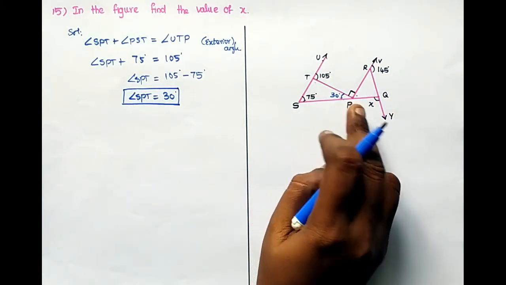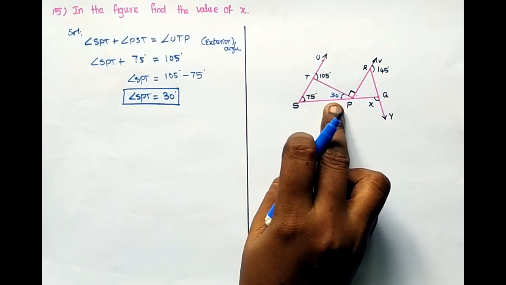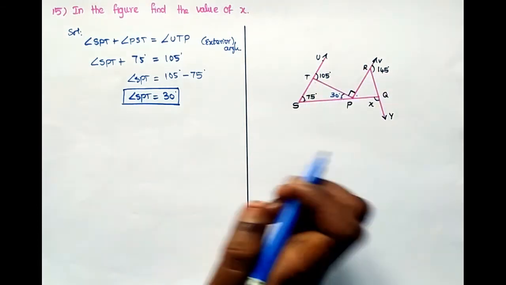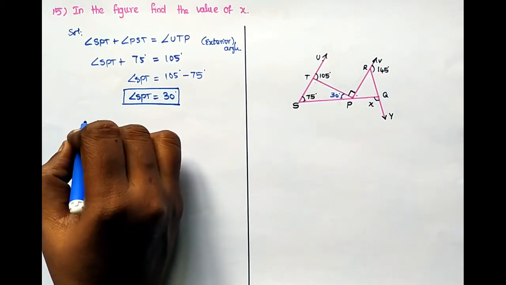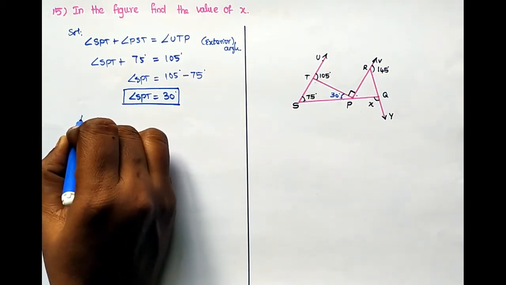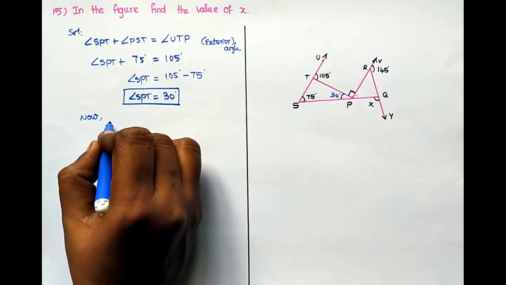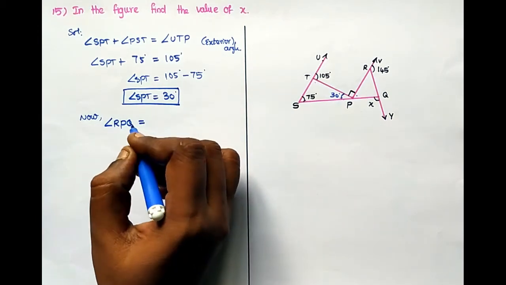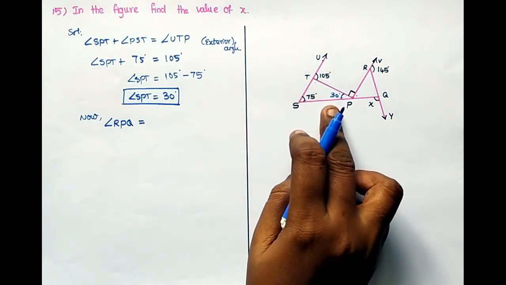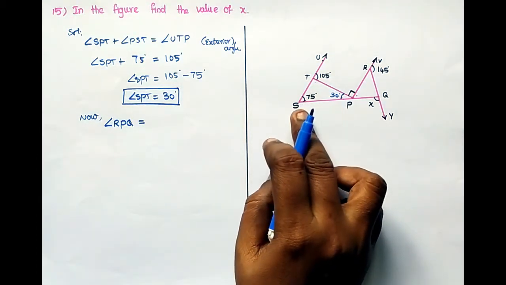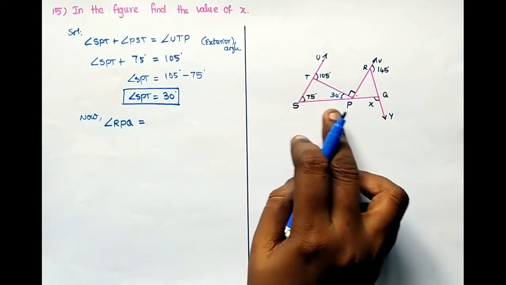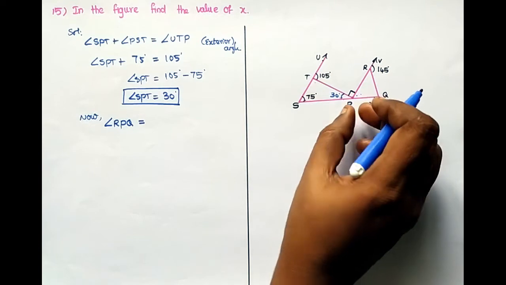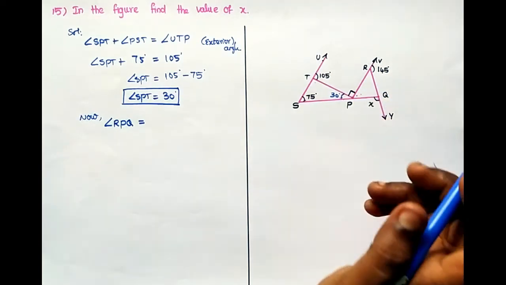Listen, RPQ equal to angle SPT plus TPR. Now angle RPQ, these three angles we add means we get 180 degrees, right? That is linear pair.